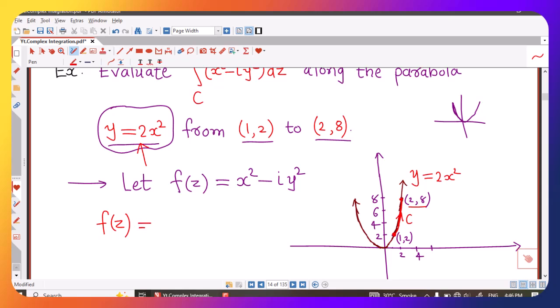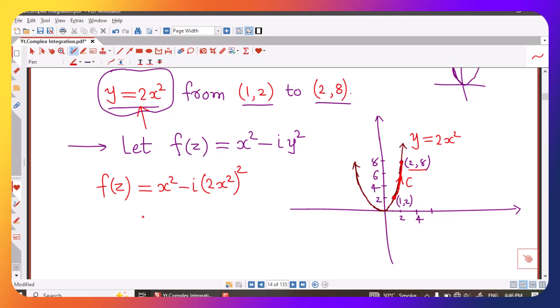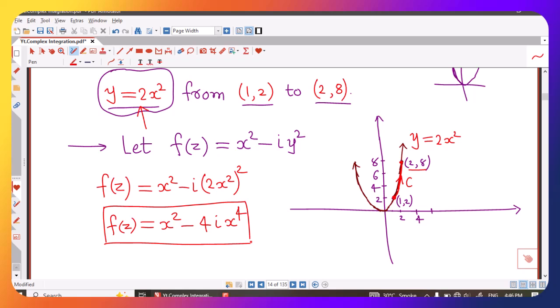So f of z can be rewritten as x square minus i times the square of 2x square, that is x square minus 4i x raised to 4. So our function is converted in terms of variable x. We will consider x as the parameter, or only one variable, and then we will integrate with respect to x.